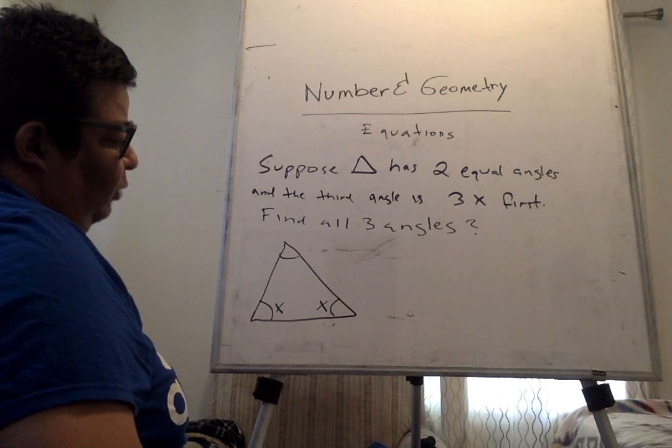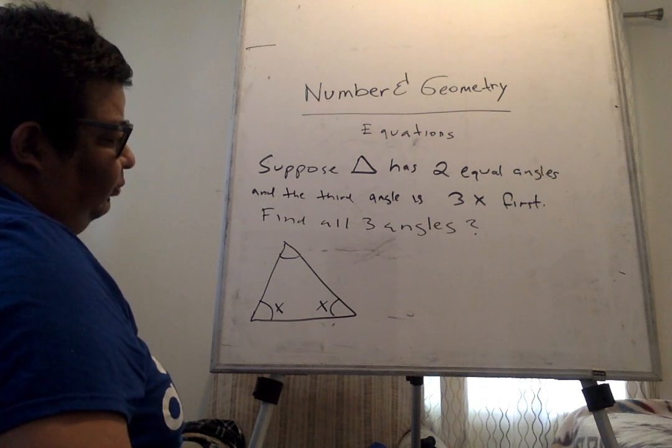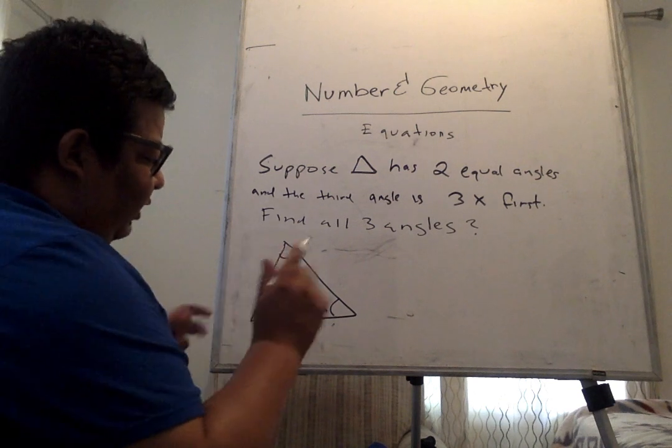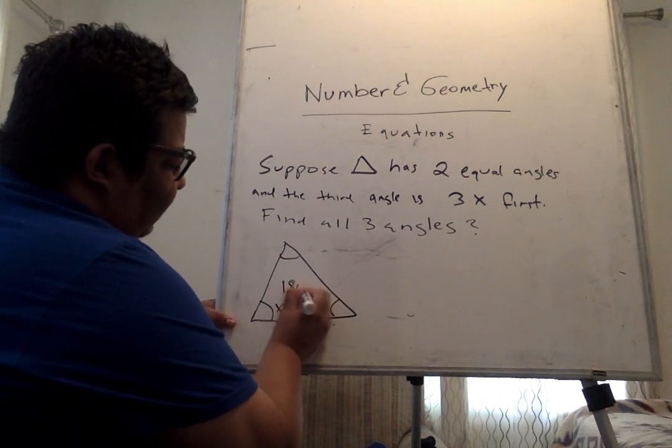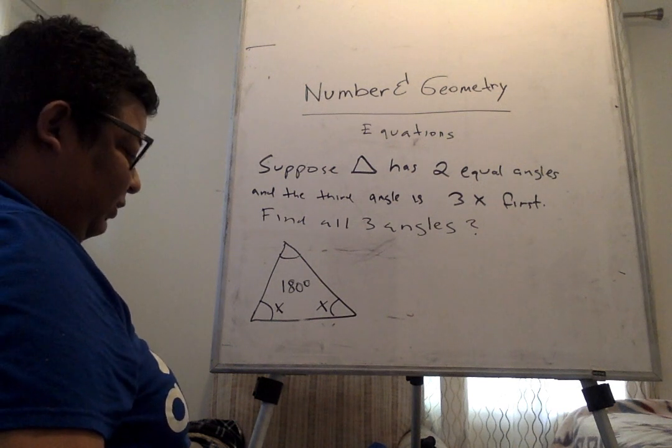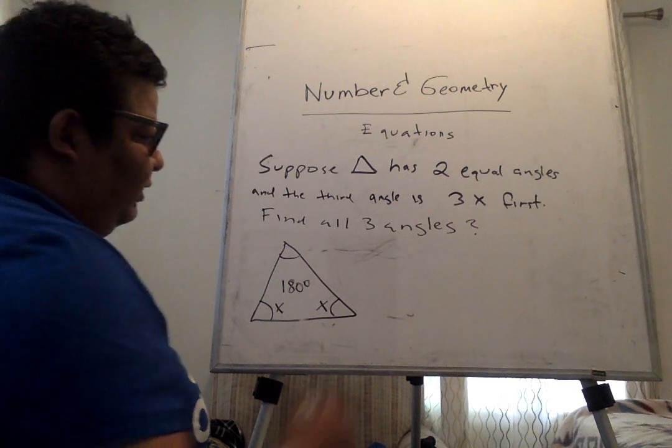How do we find the third one? Well, we know that the sum of all angles in a triangle is always 180 degrees. That means we can set an equation that looks like this.